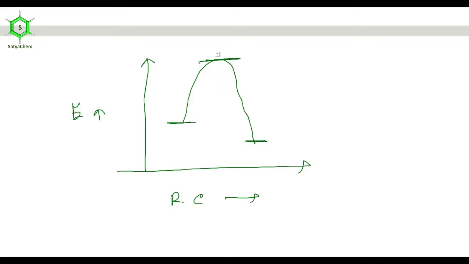In a two step reaction, the number of transition states is 2 and there will be 1 intermediate. That I am going to explain after some time. Okay. So this is the transition state. This is the product. This is the reactant. Clear?